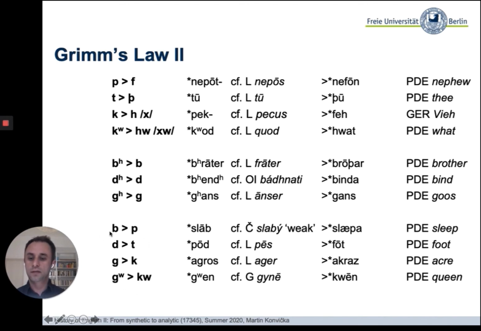And because this p to k has changed, then also this first group had to change. Otherwise, you would have a conflation of different consonants. And Grimm's law, as you might see, only affects consonants, not vowels.